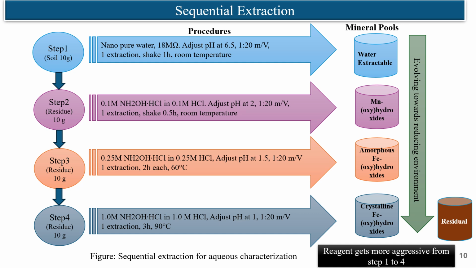The conditions get more aggressive with each step because at each subsequent step we are targeting a more recalcitrant mineral pool. So at the end of the sequential extraction, we obtained a liquid extract for each mineral pool and a leftover soil, which is known as residual soil, and this residual soil contains recalcitrant minerals such as aluminosilicates.